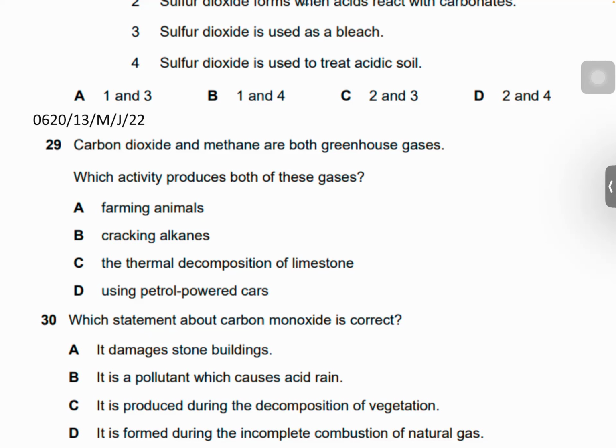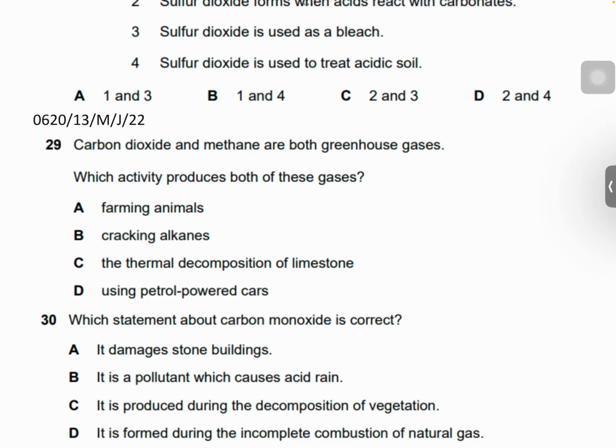Remember, C option is completely incorrect because of the thermal decomposition of limestone. Calcium carbonate decomposes to form calcium oxide and carbon dioxide.